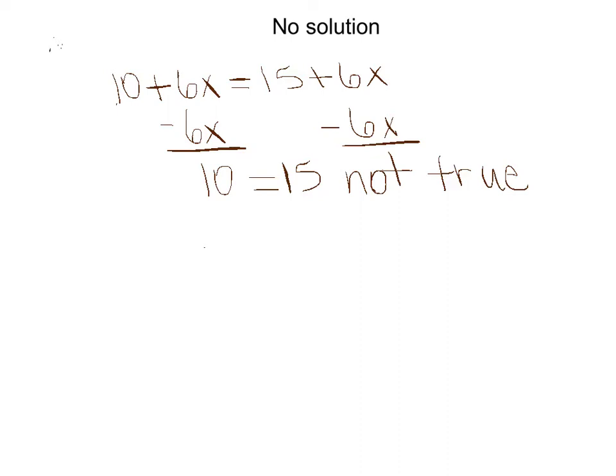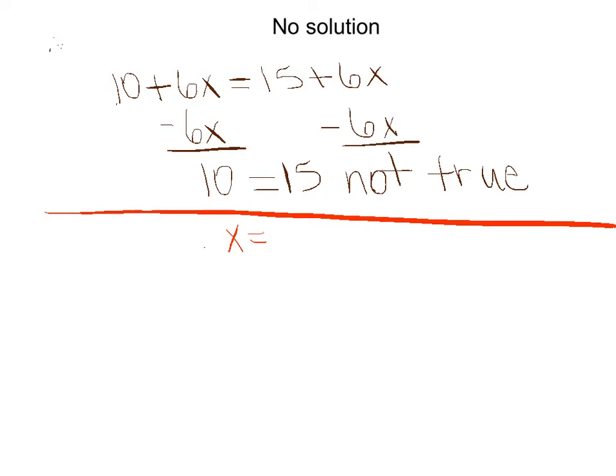So, to test it out, I'm going to set x equal to 2. I'm going to plug in 2 for x. So I have 10 plus 6 times 2 equals 15 plus 6 times 2.